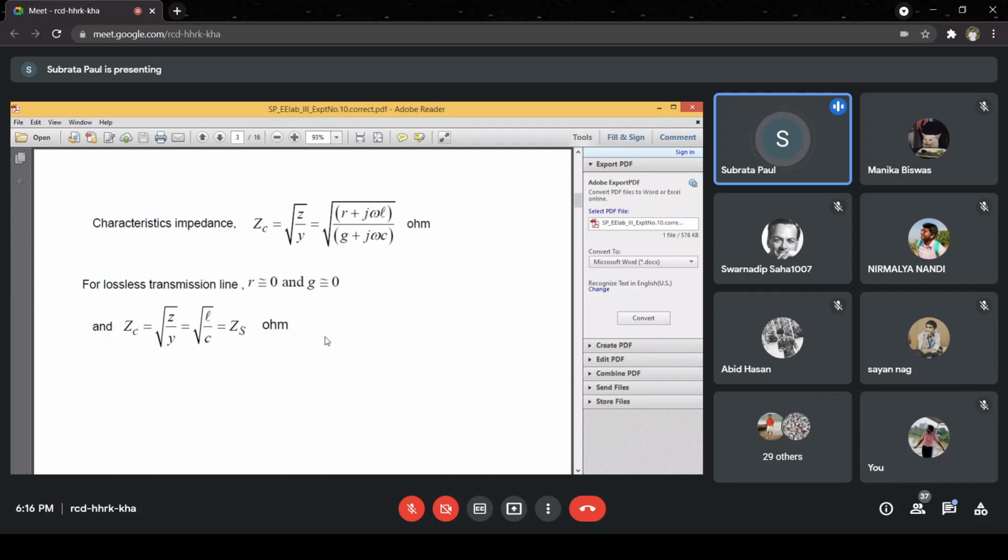It is obvious that for a practical line, R is quite small compared to its series inductive reactance, and G is quite small compared to its shunt capacitive admittance, right? In that case, a practical line can be very closely approximated by a lossless line.